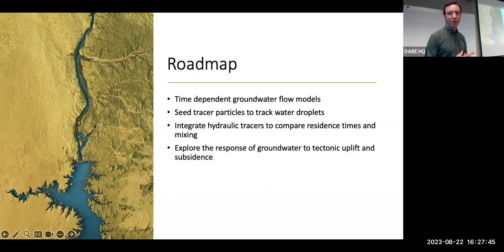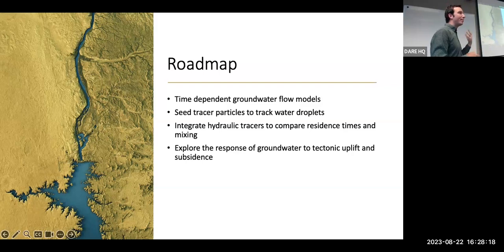So yeah, here's a bit of our roadmap. We want to move away from these steady state models and start considering time-dependent groundwater flow models. And using the Underworld 2 infrastructure, we can actually seed tracer particles within the model to track individual water droplets. So looking at how one water droplet gets introduced into an aquifer from, say, a mountain belt, and following its trajectory through individual aquifers until it gets discharged again.